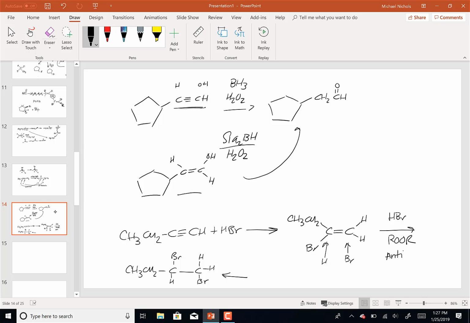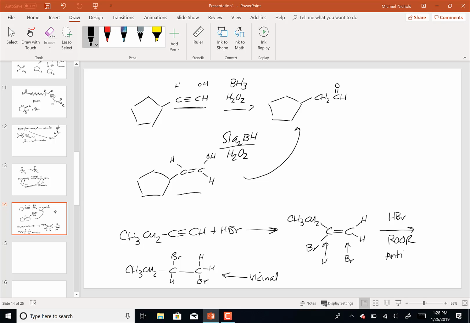So I'm looking for something that starts with a V, vicinal, or you could say 1,2. So this makes a vicinal dibromide. That goes back to last week. Vicinal, vinyl. So that makes a vicinal dibromide.